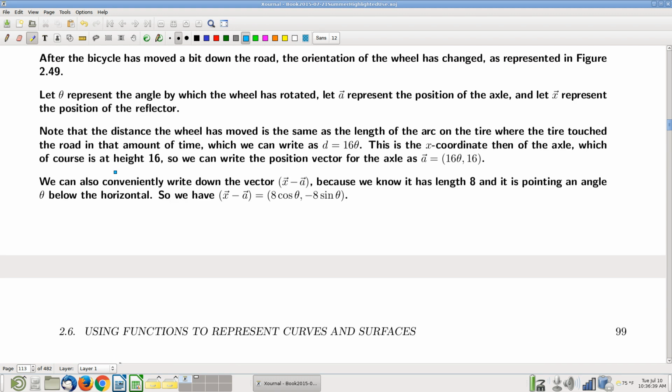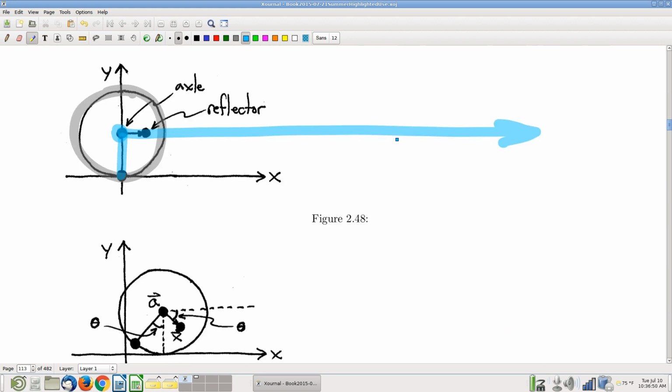Now I'm going to parameterize that axle not in terms of time. I don't want to have to worry about how fast the bicycle is going. I want to parameterize in terms of this angle theta there.